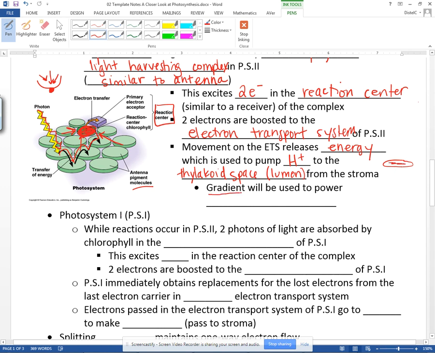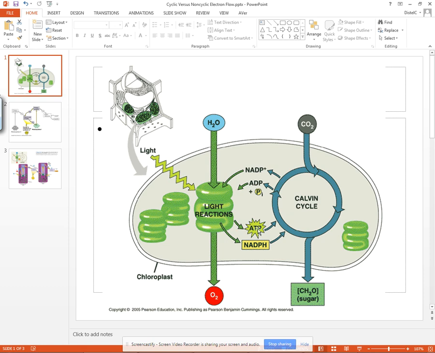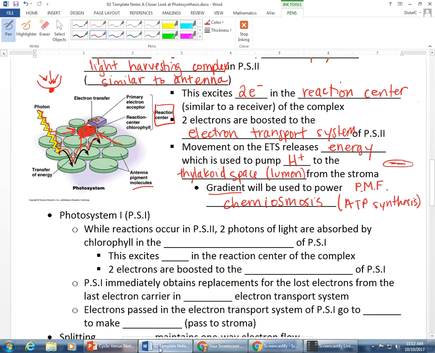And just like cellular respiration, that gradient is going to be your proton motive force. And that means that you're going to have energy available to power chemiosmosis. Do you remember what that means? Basically, you're making ATP. So yes, even in photosynthesis, go back to this picture, making a little bit of ATP here, but it's not for the cell to use, it's for the Calvin cycle to use. It's for the other half of photosynthesis to use.